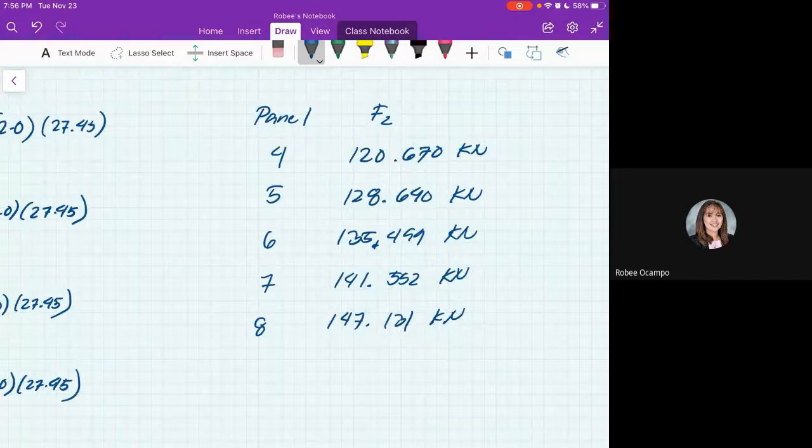Okay? So where exactly does the wind force for every panel act? Our wind force is located at the centroid of the panel.